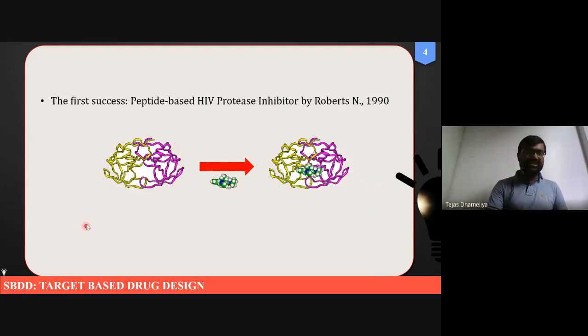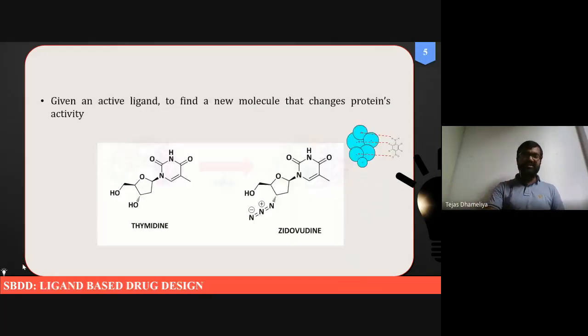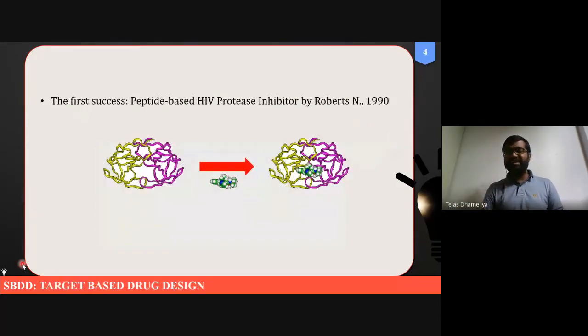Structure-based drug design is termed SBDD. This SBDD can be divided into two parts: target-based drug design and ligand-based drug design. What is target-based drug design?